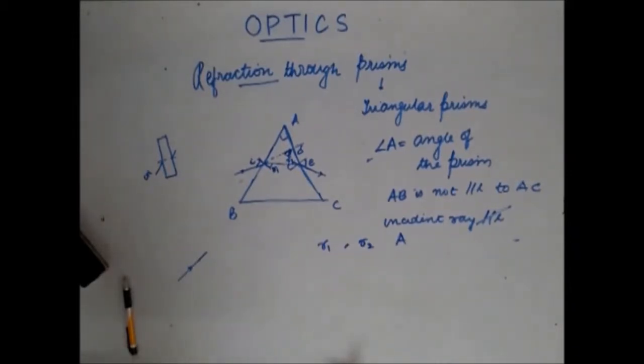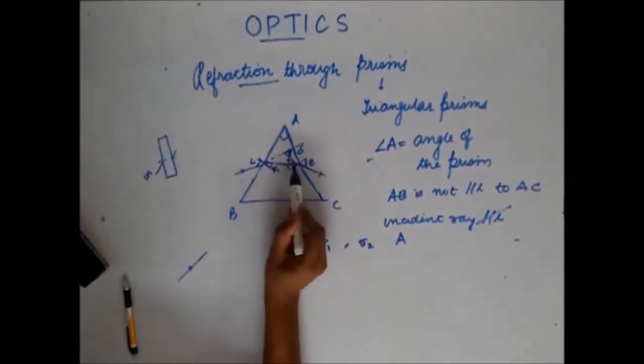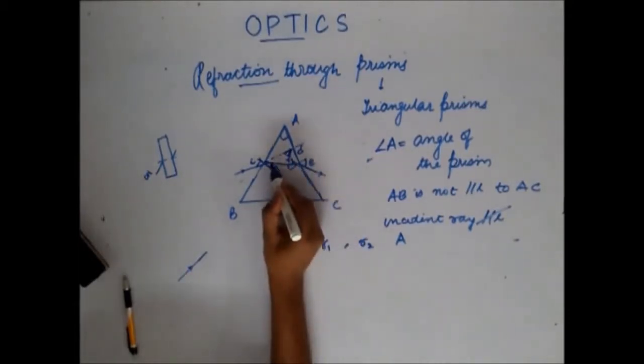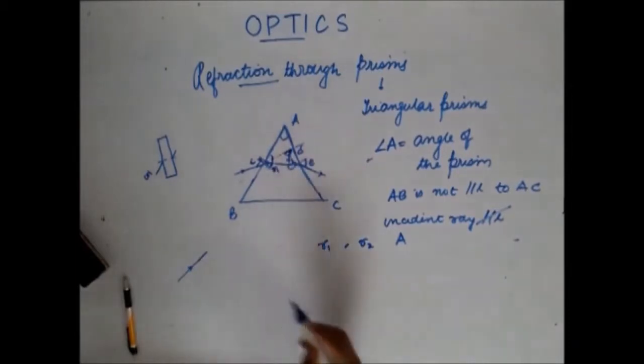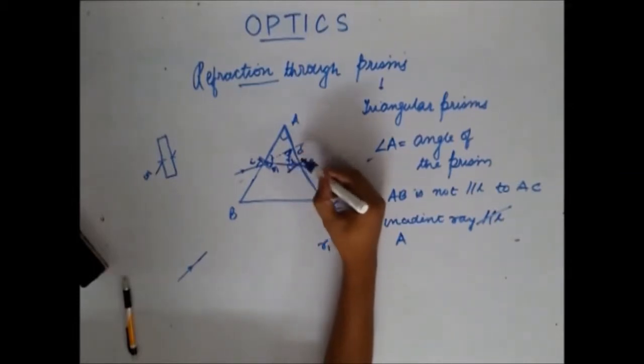To find that, let's take this triangle, the upper triangle, this one. This angle is R1 and this is the normal. So what is this angle? This angle is 90 minus R1. Similarly here, this angle is R2, this is the normal. So this angle is 90 minus R2.